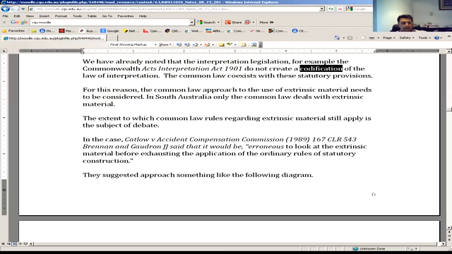The first example I give here is a High Court case called Catlow and the Accident Compensation Commission, 1989, volume 167, Commonwealth Law Reports at 543. There, Justices Brennan and Gaudron said that it would be erroneous to look at the extrinsic material before exhausting the application of the ordinary rules of statutory construction.